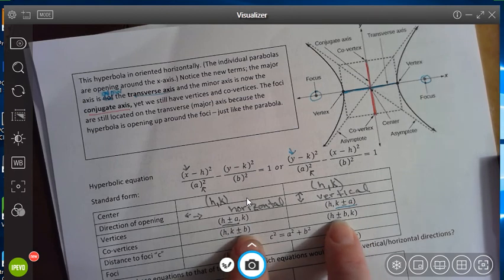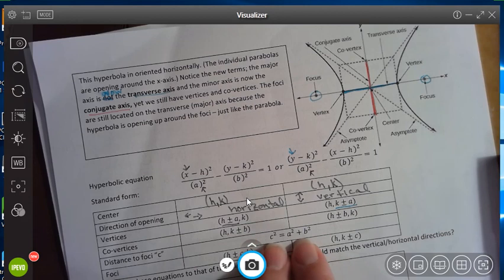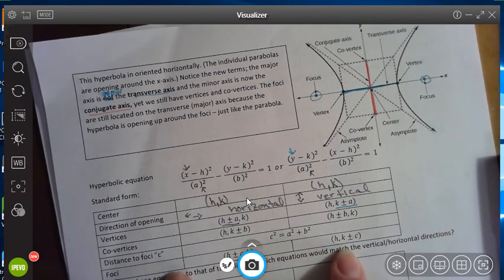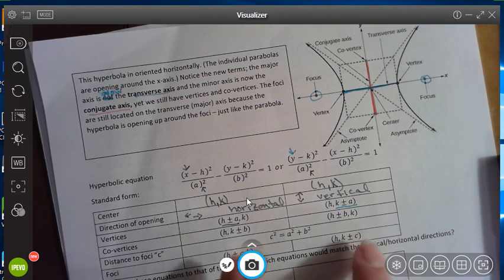Covertices, we're adding b to the opposite variable that wasn't used right above it. And now look at the foci. It's c squared equals a squared plus b squared. Now that's different than when we had an ellipse, all right? So the foci are going to be (h plus c, k) and (h, k plus c).